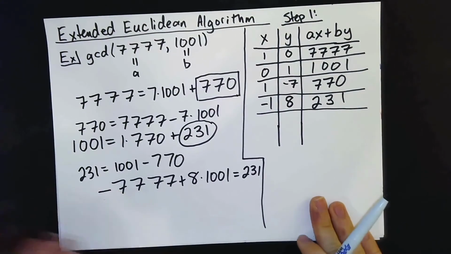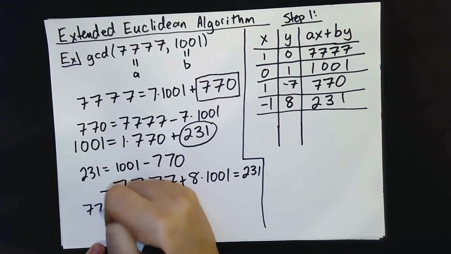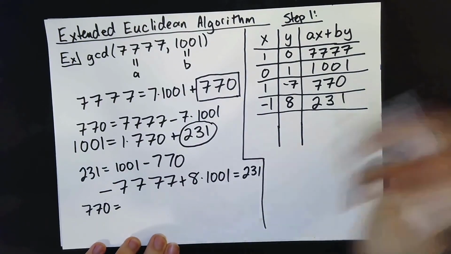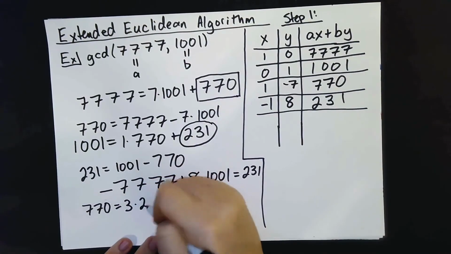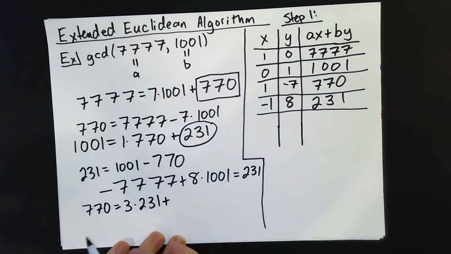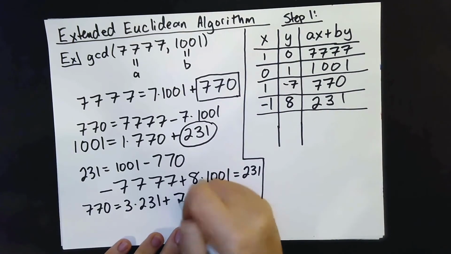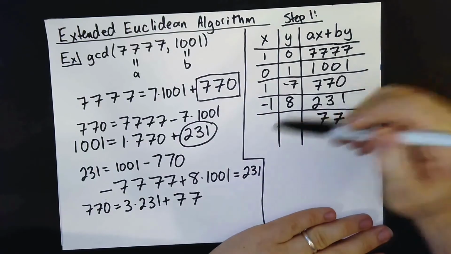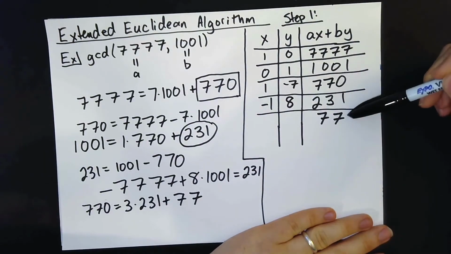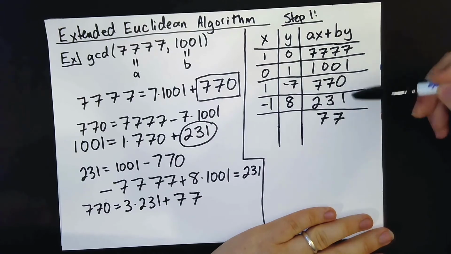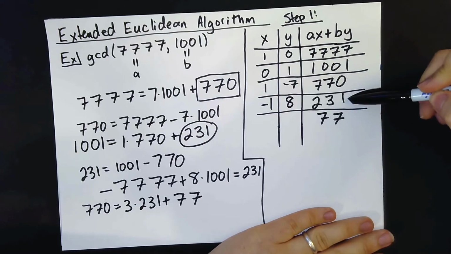If we keep going, we're supposed to divide now 770 by 231. That will in fact be 3 times 231 plus, and then my remainder here will be 77. And so now I have to fill in the remaining part here. What have I said? 770 minus 3 times 231 is 77.